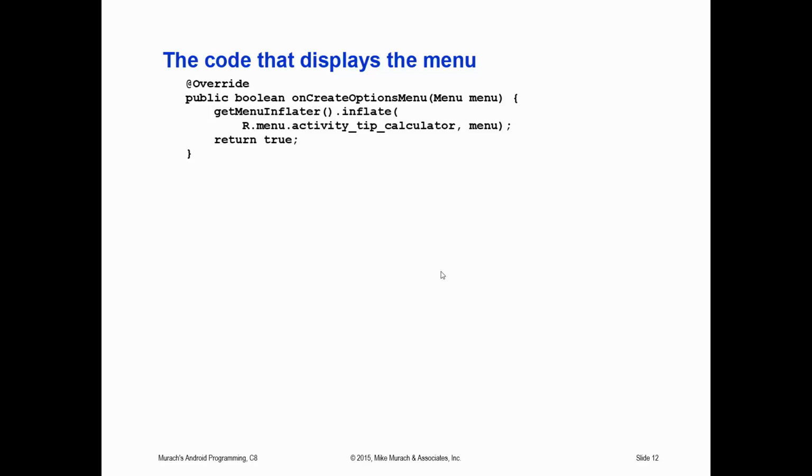Within this onCreateOptionsMenu, the first statement gets the menu inflater object, as you can see, and it is used to convert or inflate the XML into Java objects, which are stored in the menu parameter. Then that second statement returns a true value to display the menu. Android only calls the onCreateOptionsMenu the first time it displays the options menu. So you can't use this to update the menu each time it's been displayed.